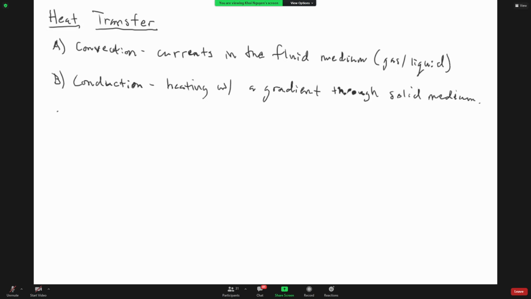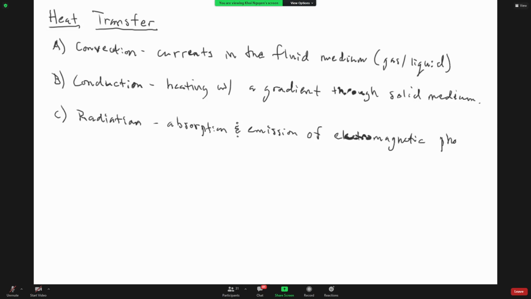Last but not least, the last form of heat transfer is radiation. So radiation is absorption and emission of electromagnetic photons. So every time we heat something, we're giving off some type of radiation, right?